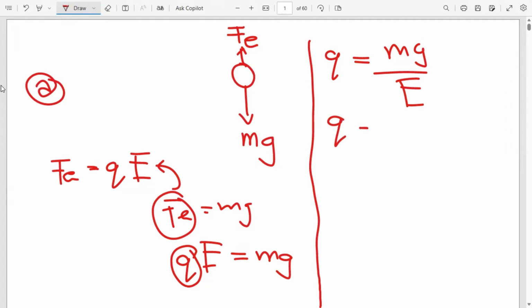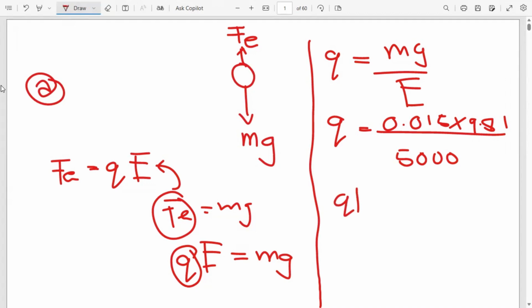So our Q will be equal to mg, mass is 0.015 multiplied by 9.81 over the electric field, which is 5,000. So our Q, to show that we're looking for magnitude of Q, we're going to put those absolute signs there. I plug this into my calculator.